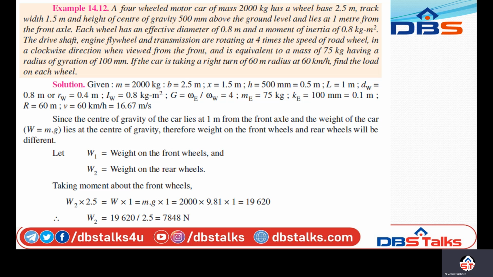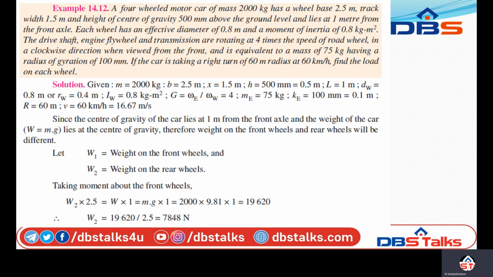If the car is taking a right turn of 6 meters radius at 60 kilometers per hour, find the load on each wheel. So here we have to calculate the load on each wheel.